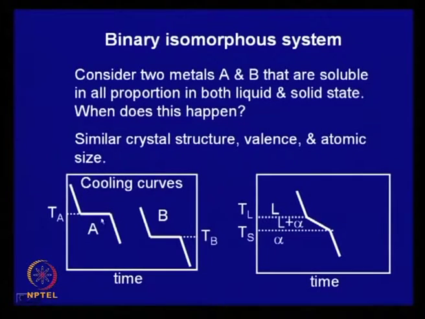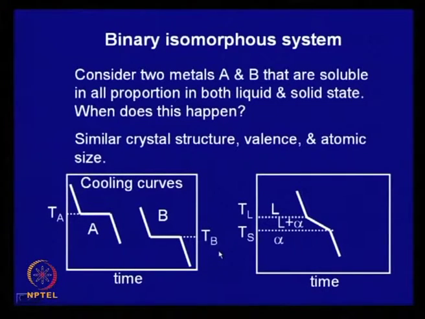But while solidification proceeds, the temperature nearly remains unchanged, and this is the melting point of A. So, let us write it as T A. Similarly, metal B, if you cool it, also will have an identical or similar cooling curve, and this step in the cooling curve indicates the melting point, that is T B.